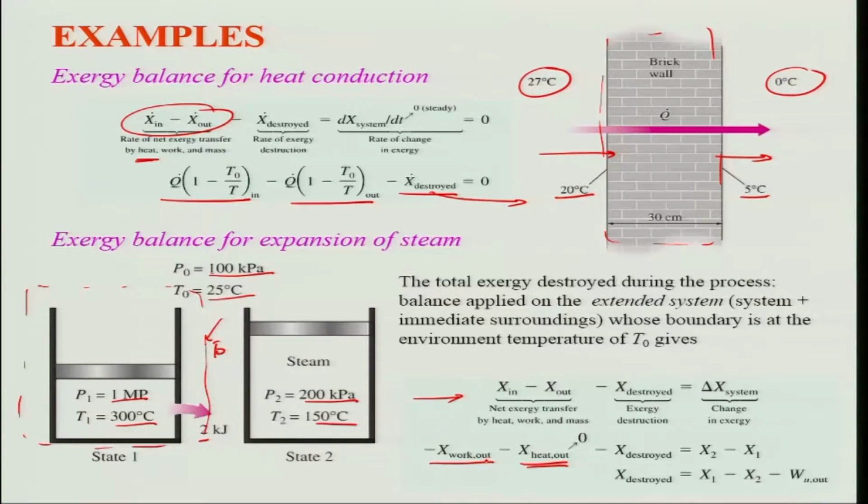So this would be your work out minus X heat out, which is going to be 0 if you consider an extended system, where the boundary is at the environment. And thus your X destroyed can be written in this form: X1 minus X2 minus W useful out.